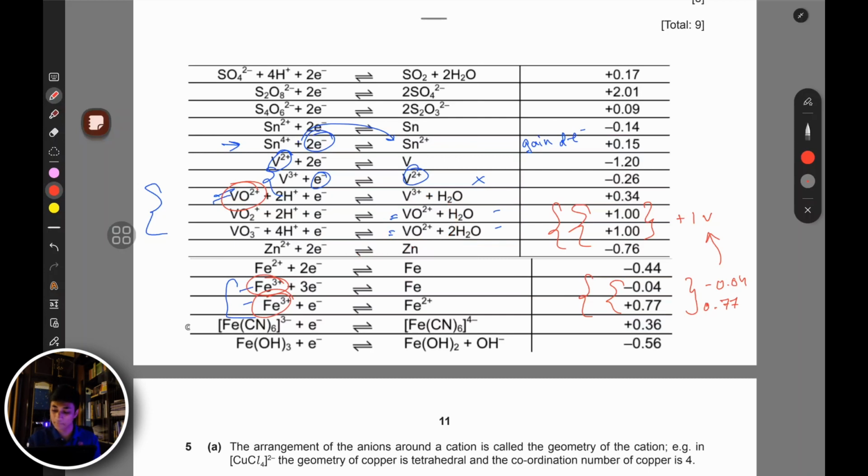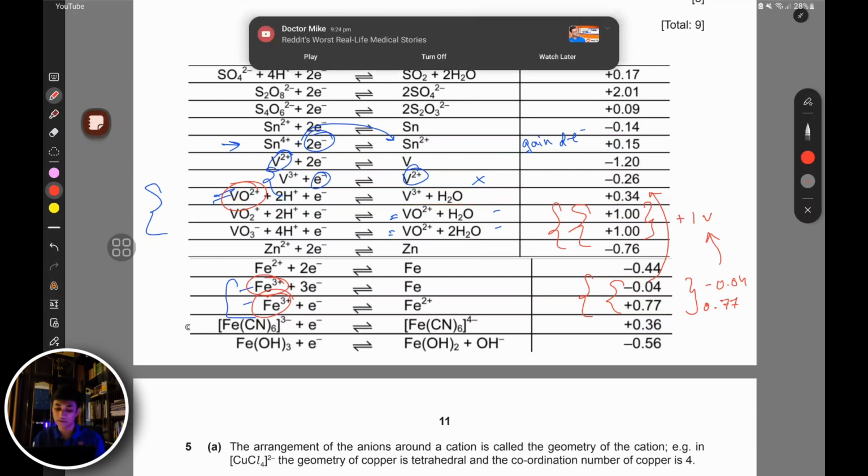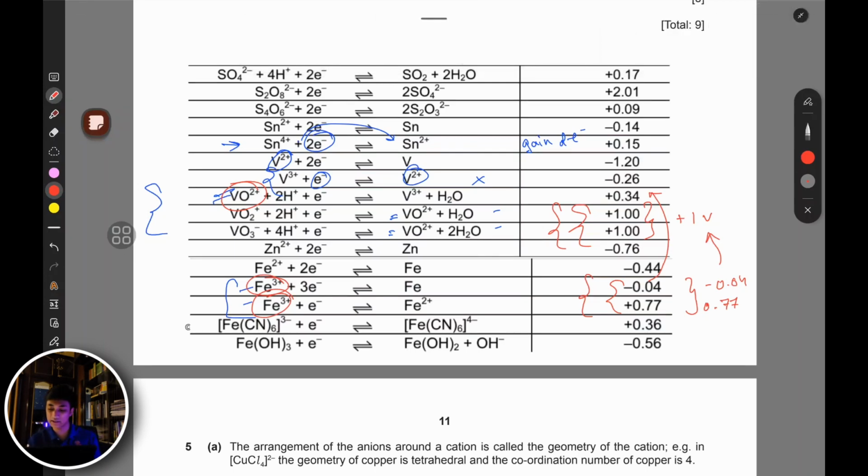Great. So let's compare this iron with this value of VO2 plus. In this case, VO2 plus is gaining electrons. Let's see the electrode potential. The electrode potential compared to, let's say, one of these iron is actually greater.